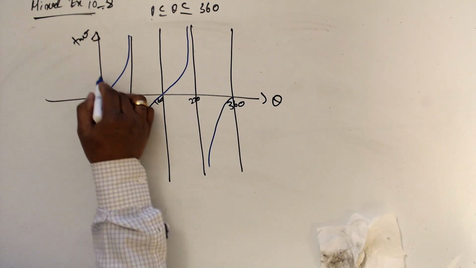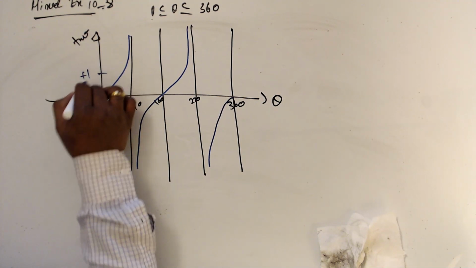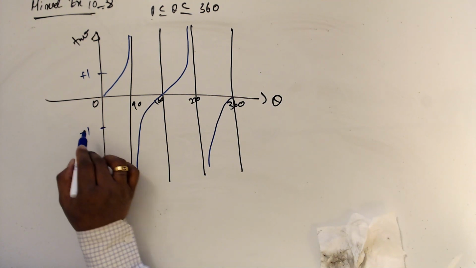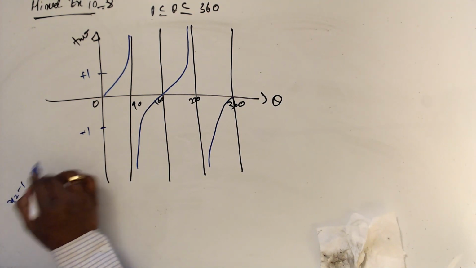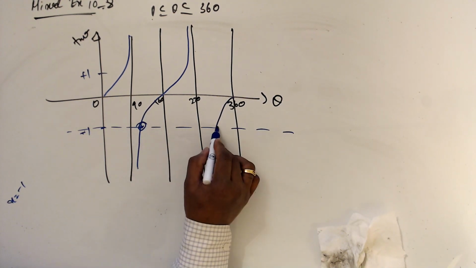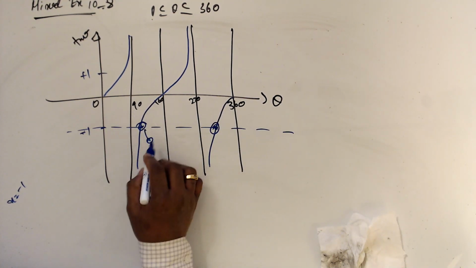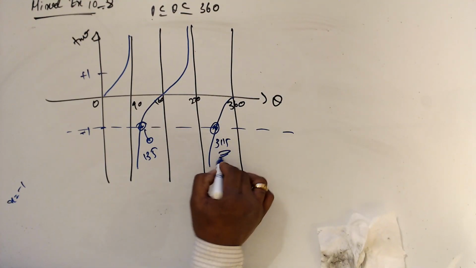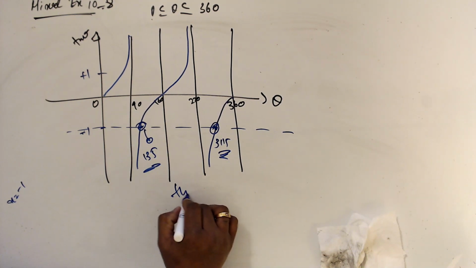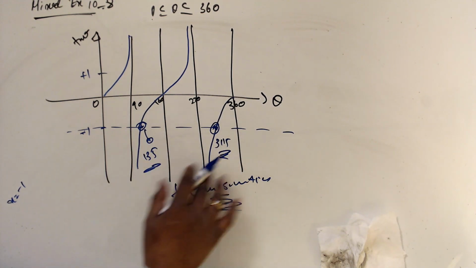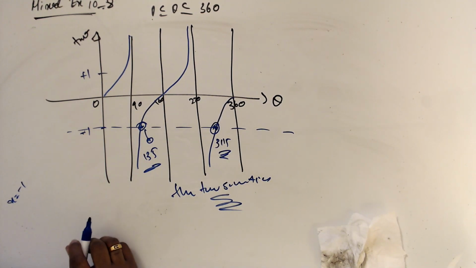Now this is plus 1, and this is minus 1. When you draw the line y equals minus 1, you can see the graph is crossing in two places. We worked out this is 135 and this is 315. So there are two solutions. That's how you can look at it without trying to solve this one.